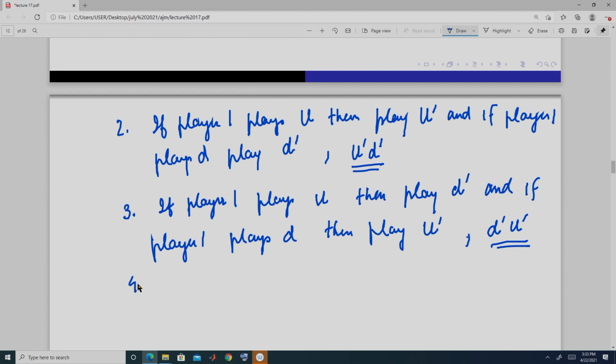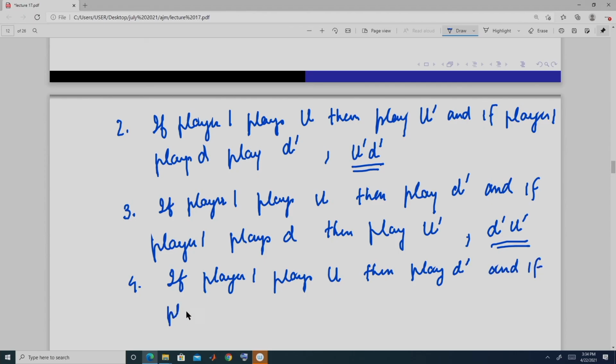And we have a fourth strategy, and that is, if player 1 plays U, then play D dash, and if player 1 plays D, then play D dash.